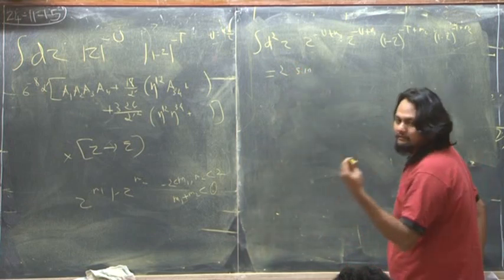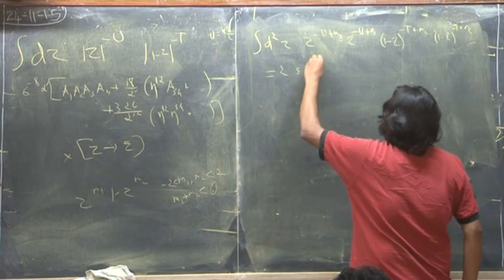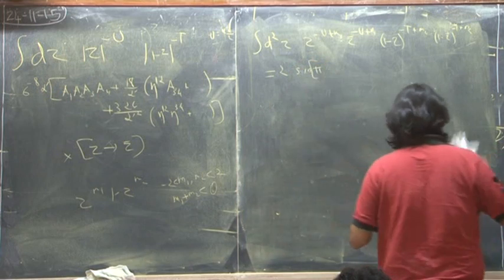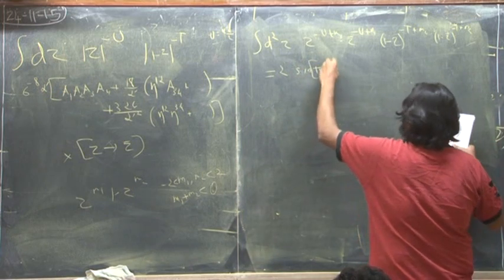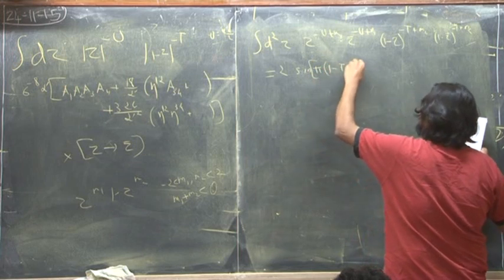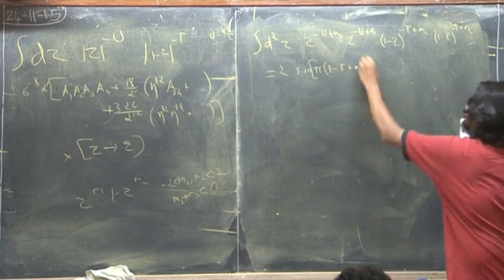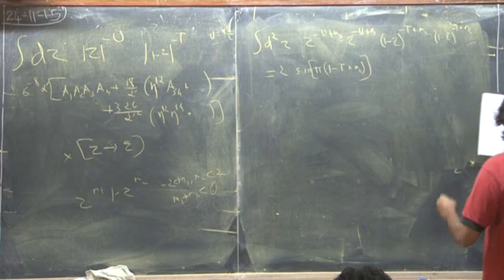Unfortunately, what the gamma star is important, so fine. 1 minus t plus, into 2.